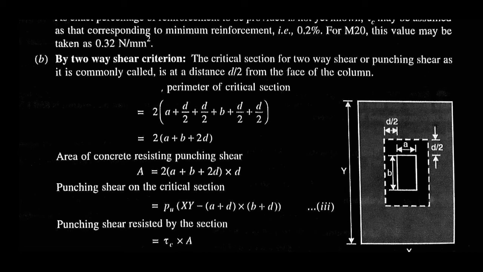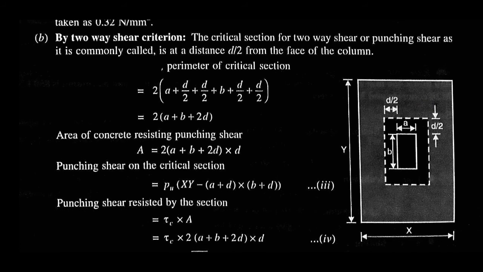Now the punching shear on the critical section will be equal to Pu within bracket x y, that means shorter direction into longer direction, minus (a plus d) into (b plus d). That is the punching shear on the critical section.